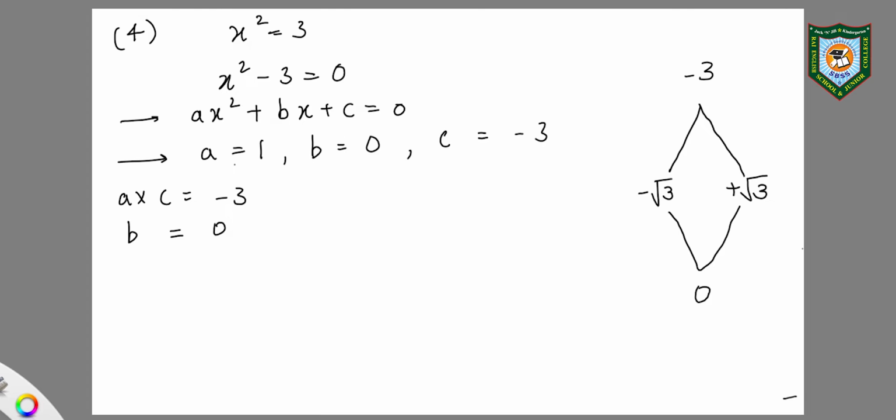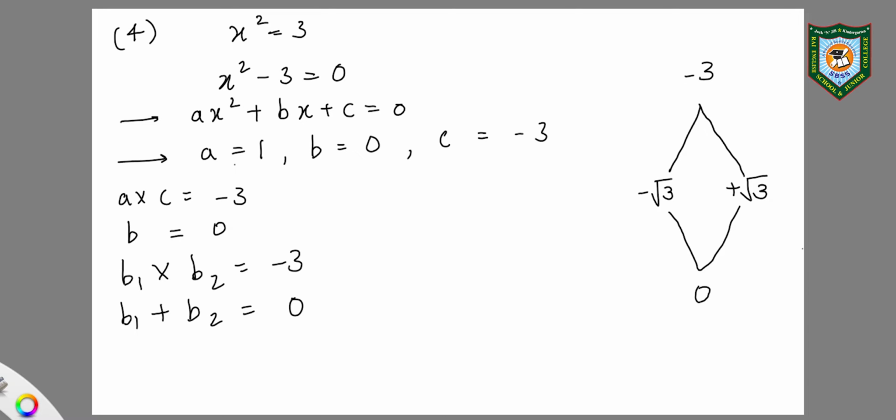When I multiply minus root 3 and plus root 3, so here I have b1 into b2 is equals to minus 3, and I have b1 plus b2 is equals to 0. So both my conditions are satisfied in this case.